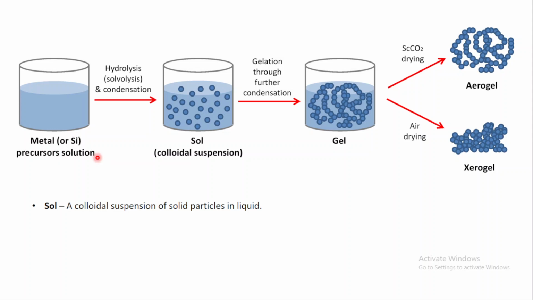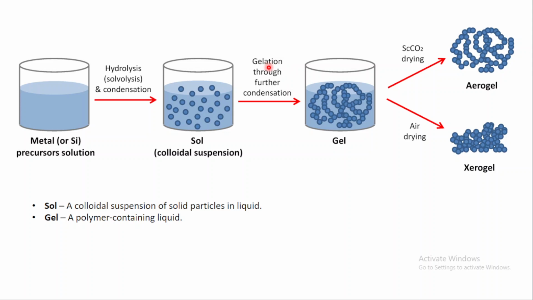Then what is the next component? Gel. Gel is a polymer containing liquid. Gel is a liquid in which there is a polymer, tangled and all, so it gives a thick consistency. We must have all used hair gels and other silica gels for cushioning, right? So first, these metal precursor solutions undergo hydrolysis and condensation to give this colloidal suspension of metal ions, metal particles, in a certain solvent.